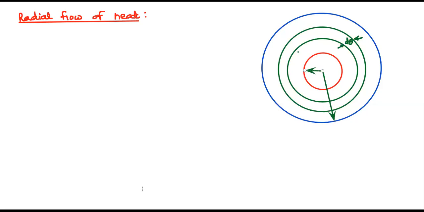How many radii are we having? 2 radii. This one is R1, the inside one. And this is point P. And outside, the radius is R2 for this outer shell.